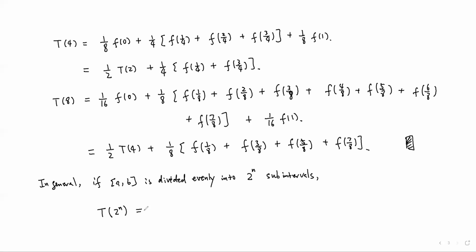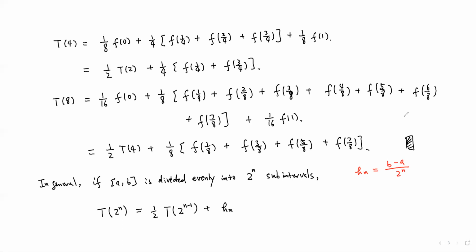T of 2^n is 1/2 T of 2^(n-1), we use the result from the previous step, then plus h_n times the summation. What is h_n? We cut the interval a to b into 2^n subintervals, so h_n is (b minus a) over 2^n.